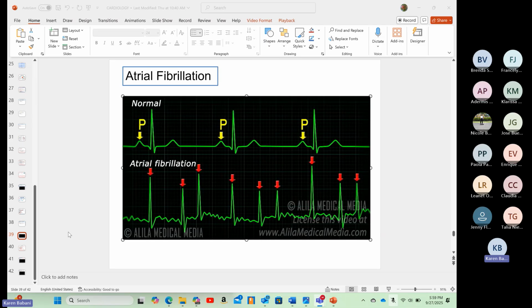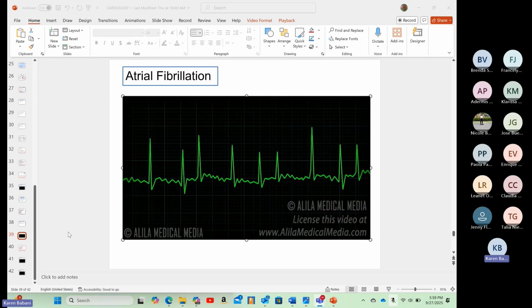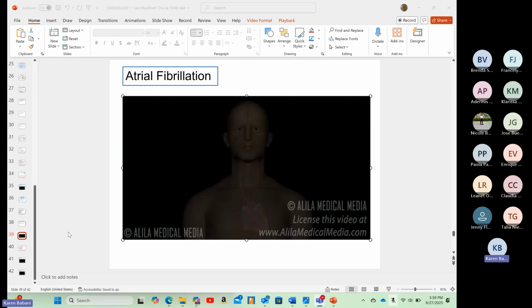Reminder: the P wave represents electrical activity of the SA node that is now obscured by activities of multiple ectopic sites. The baseline may appear undulating or totally flat depending on the number of ectopic sites in the atria. In general, a larger number of ectopic sites results in a flatter baseline.